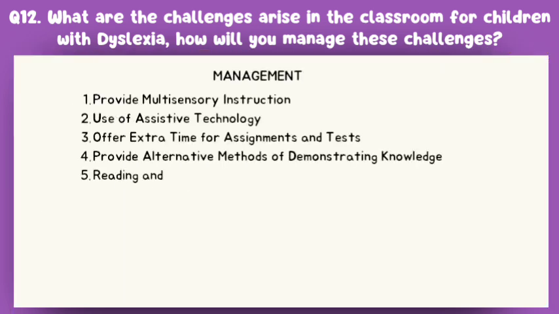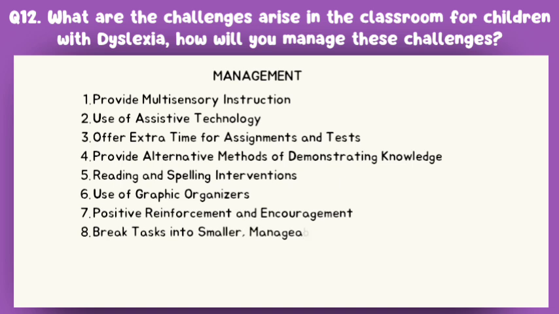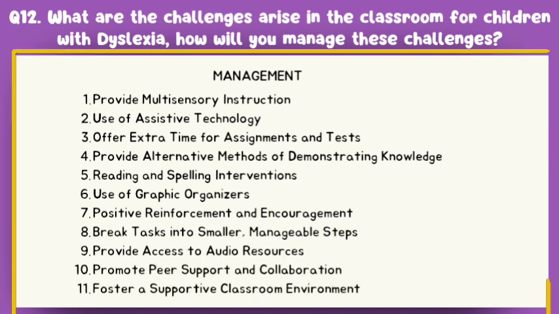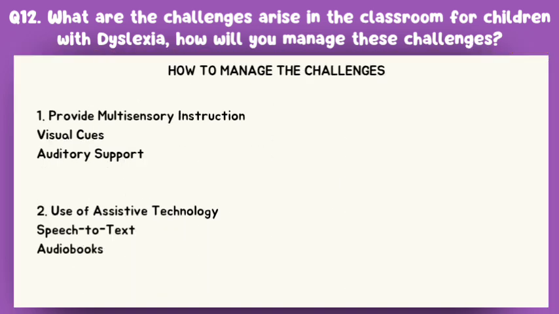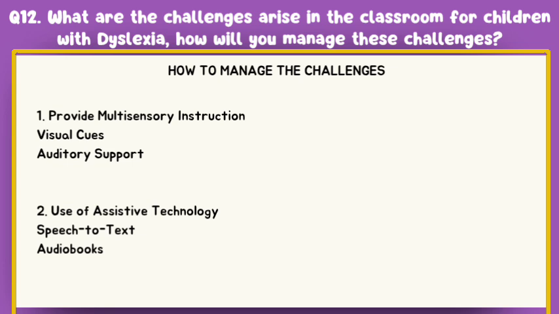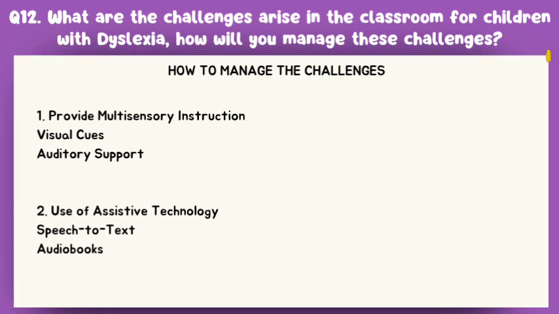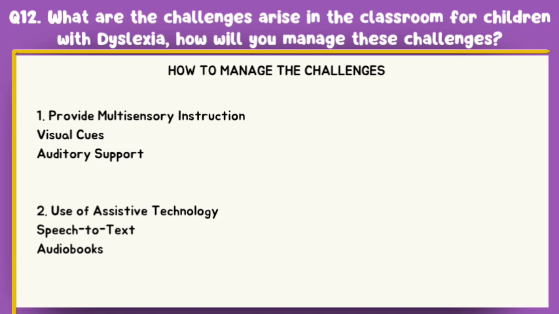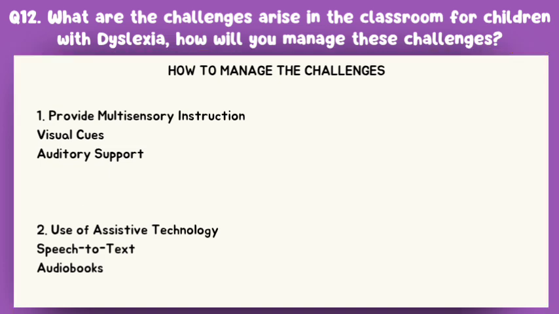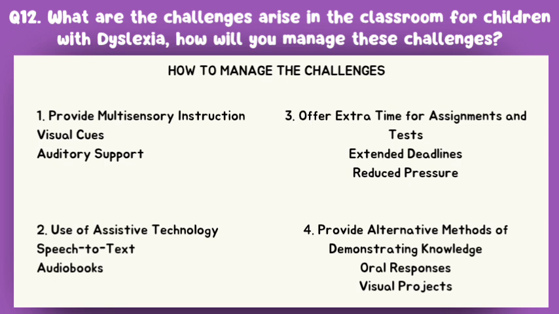What are the managing strategies we can use in the classroom? So these are: first, provide multisensory instruction. That means using a combination of visual, auditory, or kinesthetic learning methods like flashcards, color coded materials, or hands on activities. The next is use of assistive technology.